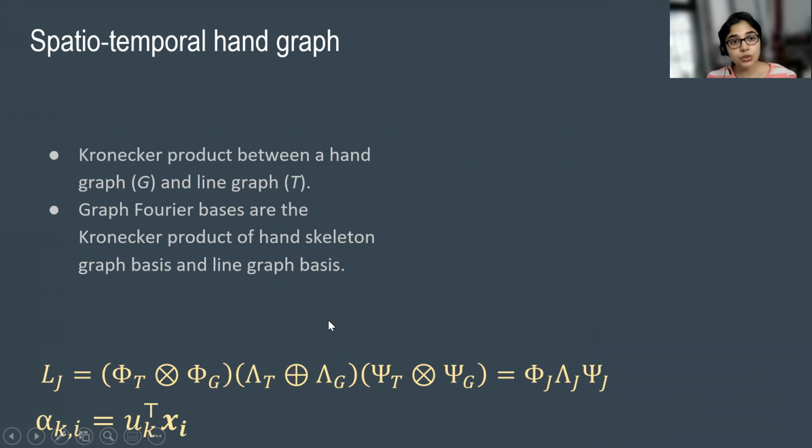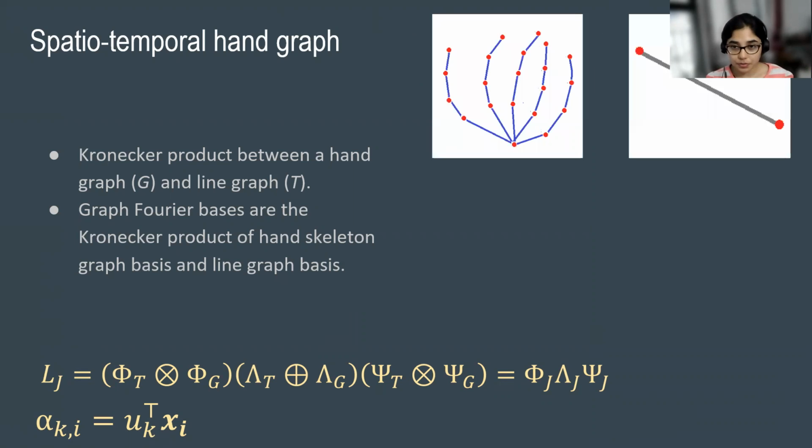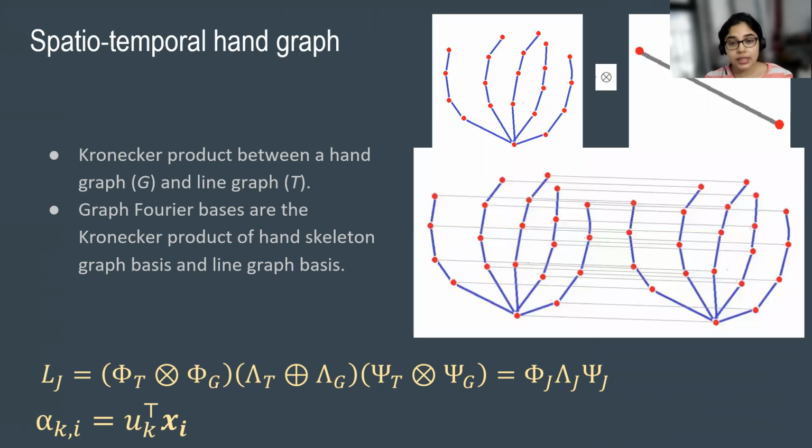So let's move on to our proposed spatio-temporal hand graph. The spatio-temporal hand graph, the one we have used here, is nothing but a Kronecker product between your spatial graph and a line graph. And you can represent the graph Fourier basis of this spatio-temporal hand graph as a Kronecker product between the graph Fourier basis of the spatial graph and the line graph.